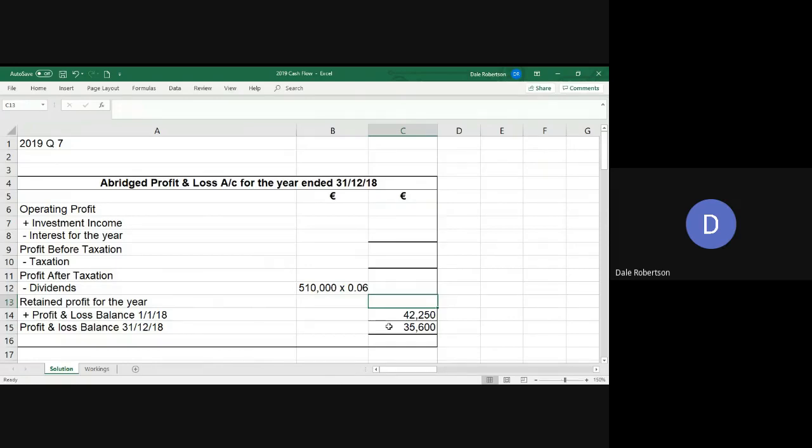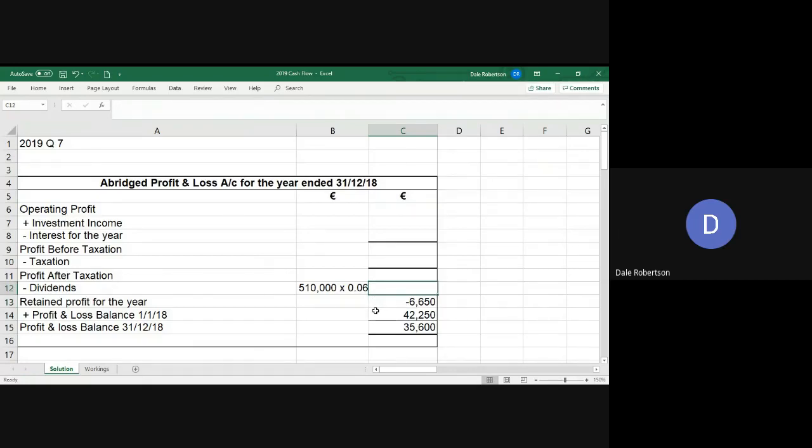So normally speaking, something, let's call it X, added on to 42,250 will give you 35,600. So working backwards, you need to reverse this function and go 35 minus 42, and you're actually going to get a minus number here. This is minus 6,650, which means the retained earnings are a negative number in this situation, minus 6,650, which is quite unusual.